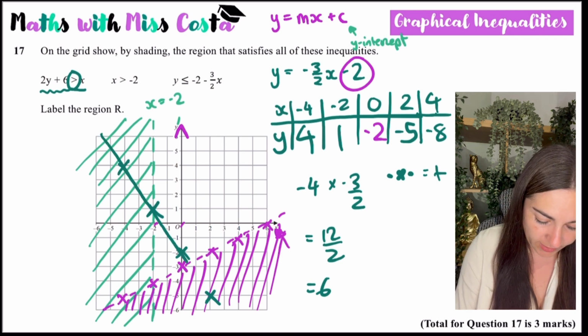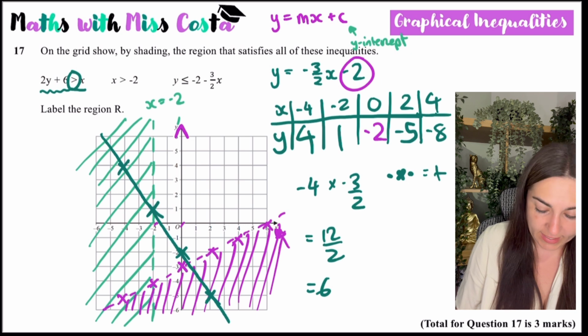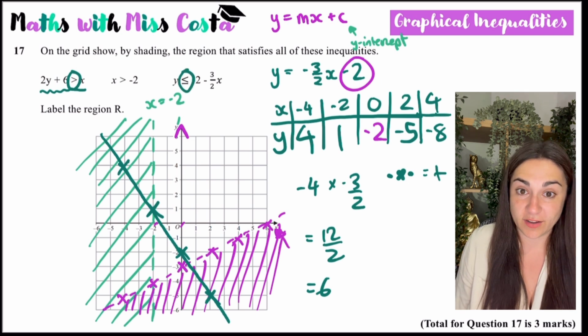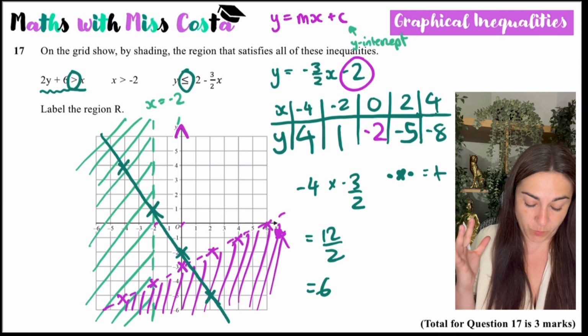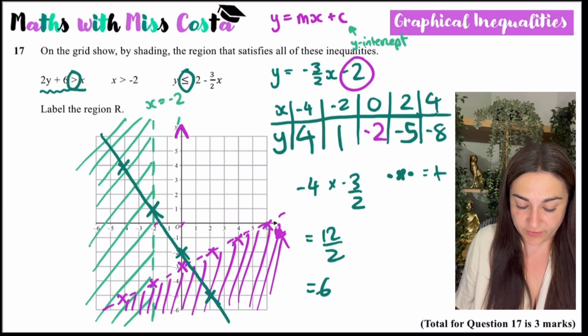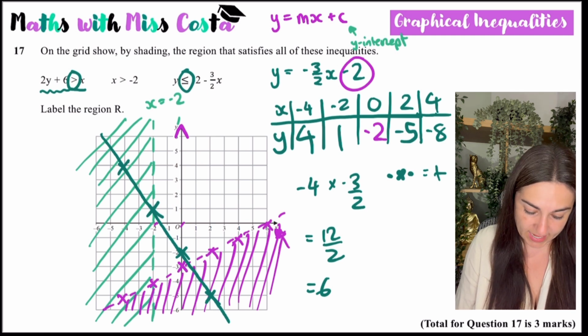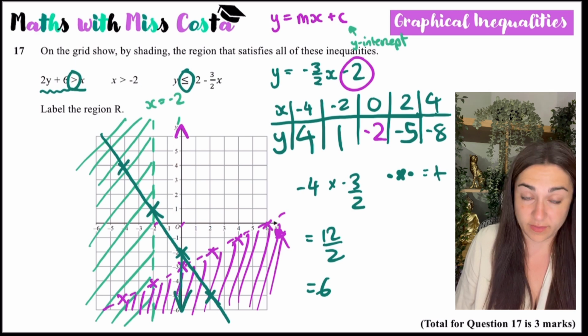You join your line in pencil, and then you know that it's going to have to be a solid line. So we join that together. The region that is satisfied, the y coordinates have to be less than or equal to the line.